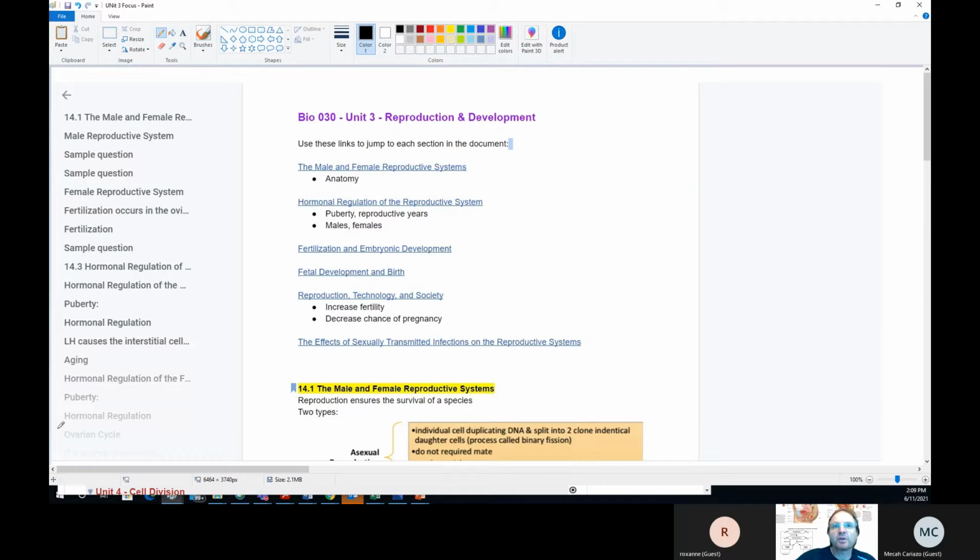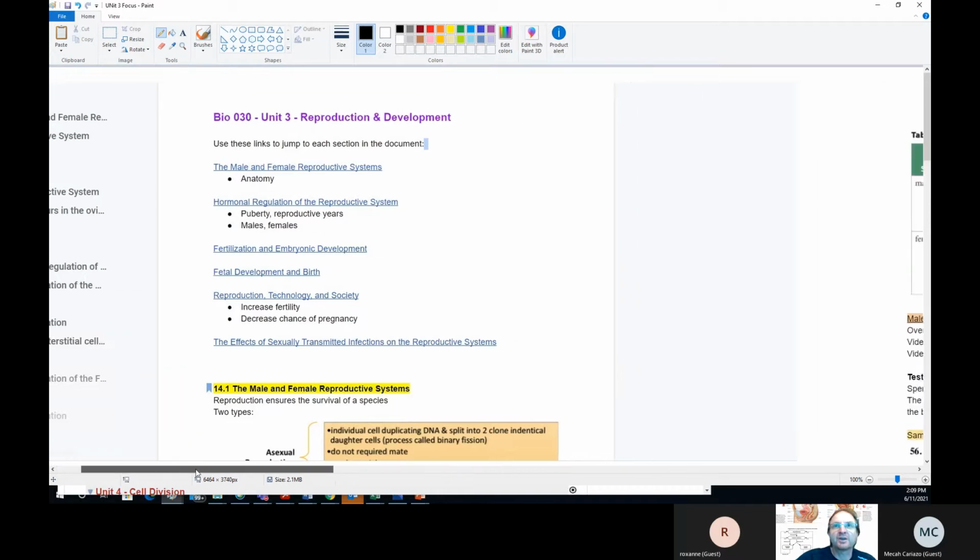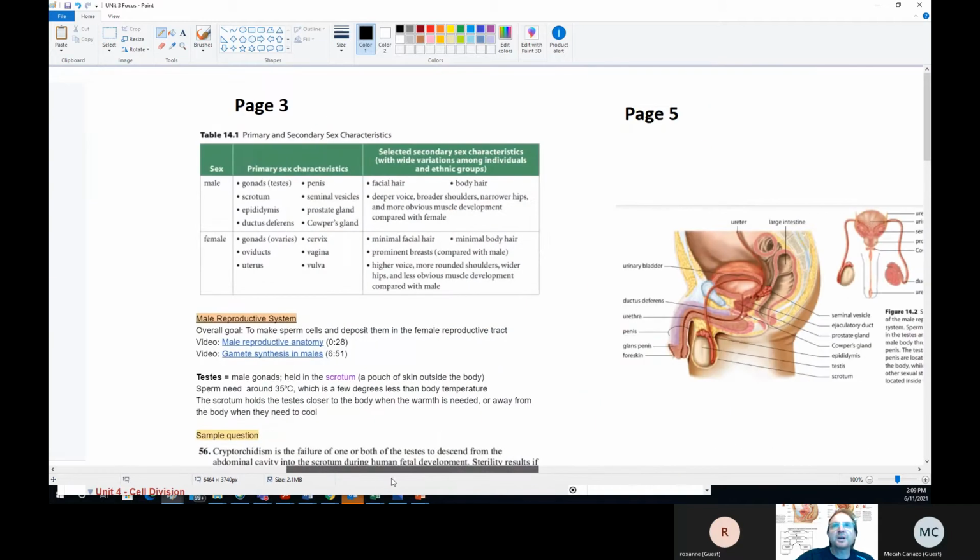So let's roll. That's the first page right off in the notes. Jump into page 3. Again, it goes through some of the primary sex characteristics of both males and females. Ultimately, testosterone is a big driving force for males. Estrogen, the female hormone, is a big driving force for females. But females also have testosterone and males also have estrogen.